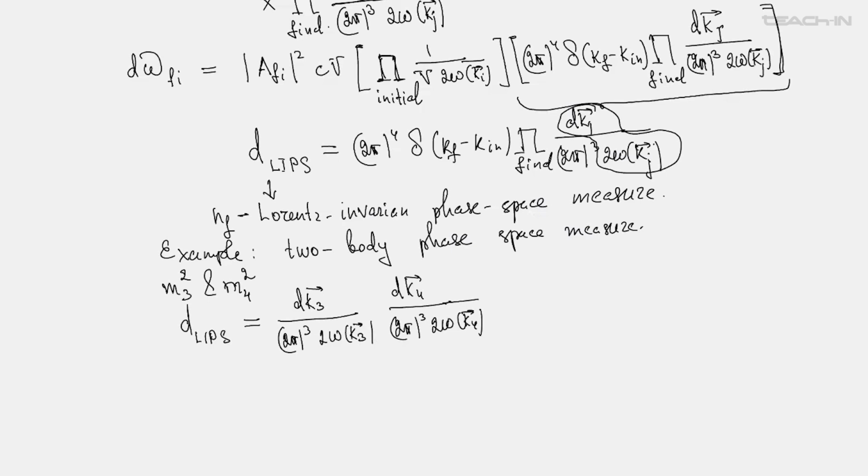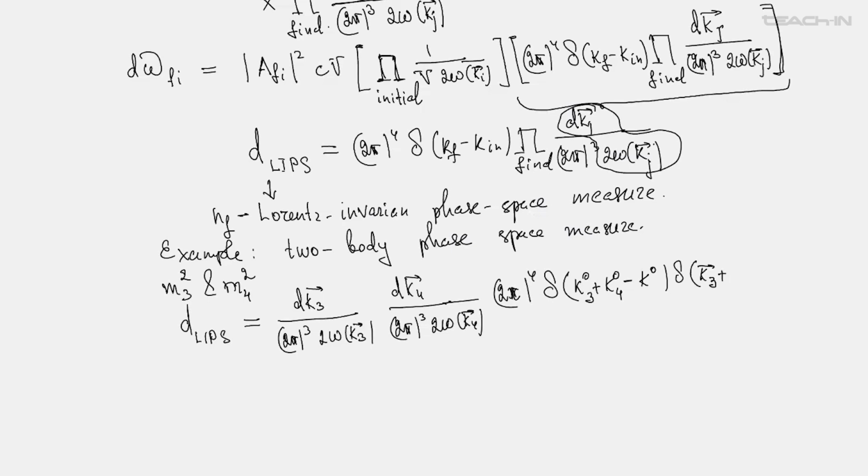which I write now, which I split into a delta function representing conservation of energy, k03 plus k04 minus k0, and the delta function which represents conservation of momentum in the scattering process, k3 plus k4 minus k.